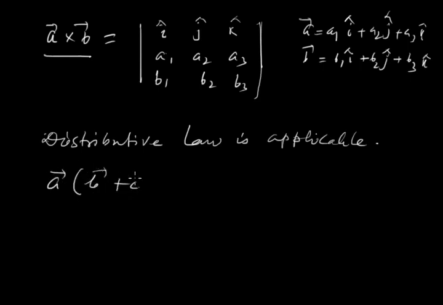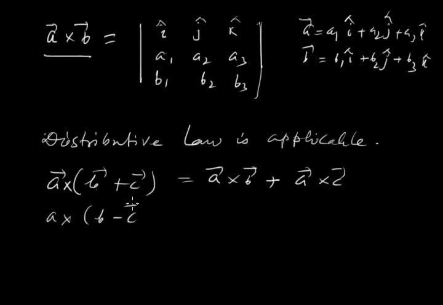That is, we do the cross product, so we get A cross B plus A cross C. Similarly, A cross B minus C gives A cross B minus A cross C.